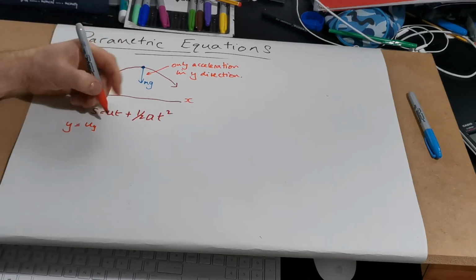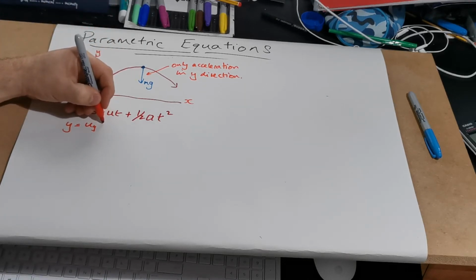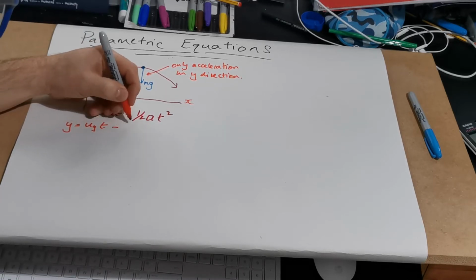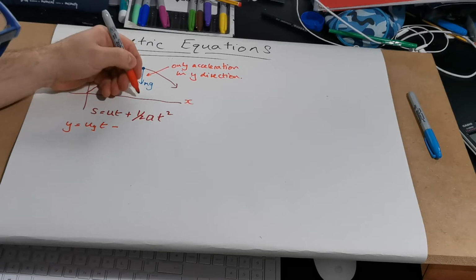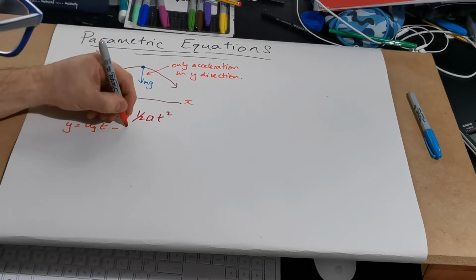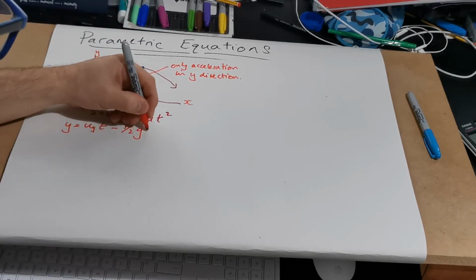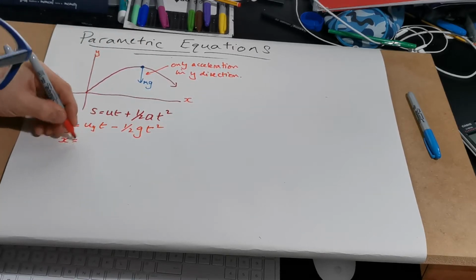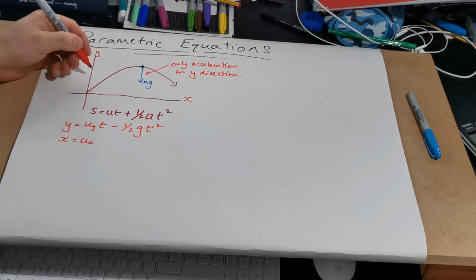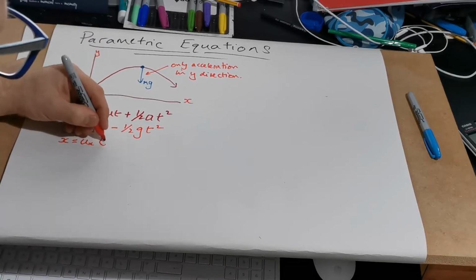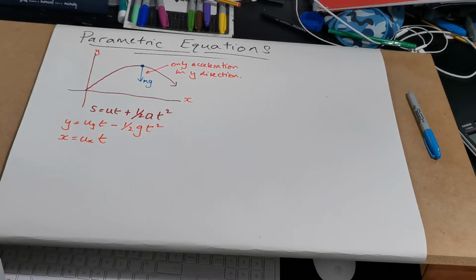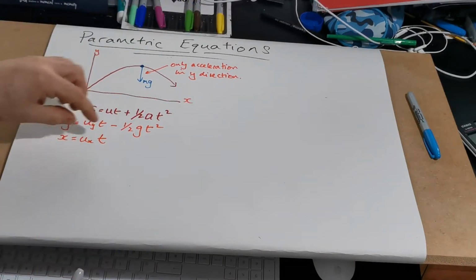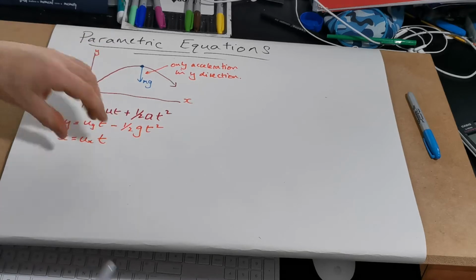I'm going to separate that, but that's not an important part at the moment. That's acting downwards, Y goes up, so I'm going to put minus a half gt squared. And for X, there is no acceleration, so we're just putting it in terms of time. So this bit doesn't exist for the X.